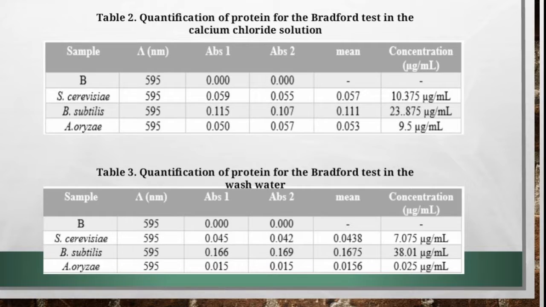The results obtained from the Bradford test in the calcium chloride solution and the first washing of the beads with enzyme alpha-amylase from Bacillus subtilis, Saccharomyces cerevisiae, and Aspergillus oryzae are shown below, in tables 2 and 3 respectively.